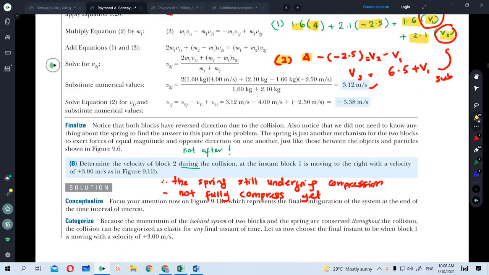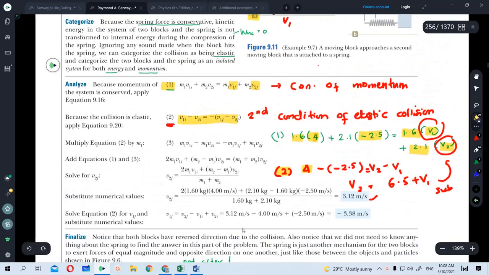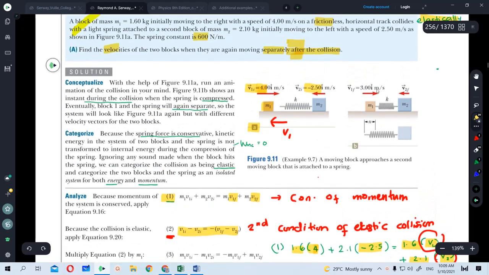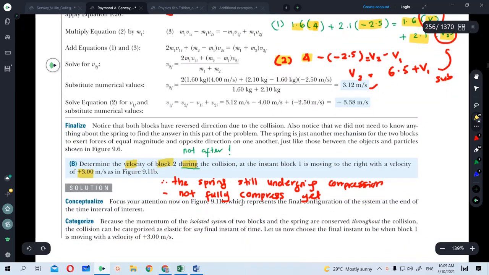For question B, you are to determine the velocity of block 2 during the collision if block 1 is moving at velocity positive 3. We agreed earlier from our calculation that right after the collision, V1 is supposed to rebound with negative 3.38. Here it is indicated that it has made contact with the spring, but not yet fully compressed.